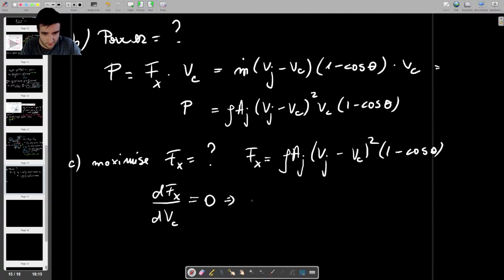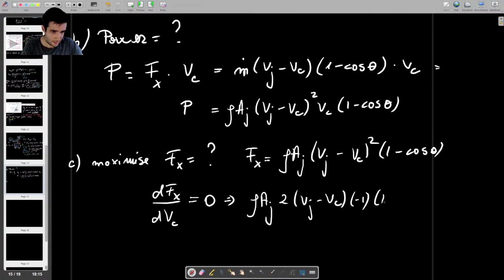So when we differentiate, we get rho Aj, and then we have 2 (Vj minus Vc) times, well, now we have to use the chain rule, and this is going to give us another minus 1, and then (1 minus cos theta), and this is going to be equal to 0.